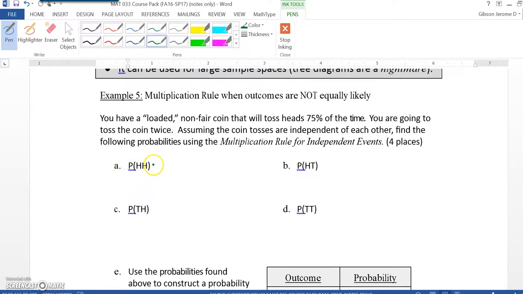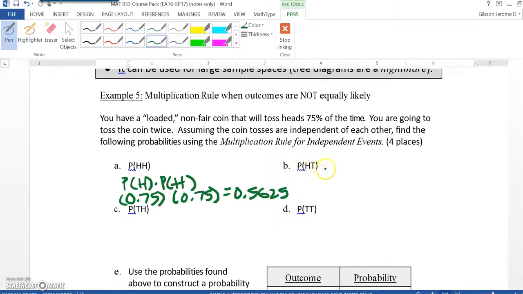This is the same as saying the probability of heads times the probability of heads. The probability of heads is 0.75, because remember this is a loaded coin, and 0.75 multiplied by 0.75 gives a final answer of 0.5625.